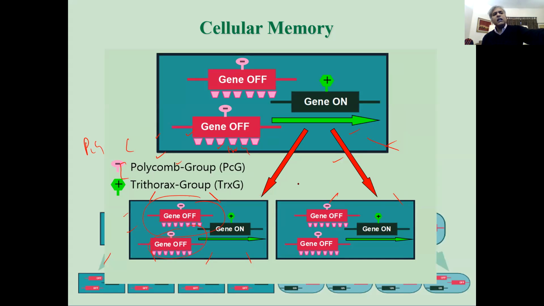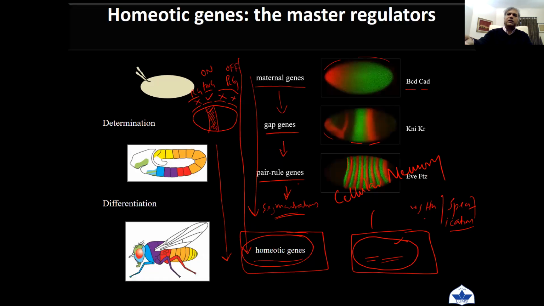So what are the homeotic genes? Homeotic genes are the ones, as I told you, which control the identity of specific segments. Segment identity was established early during development, which kicks off through action of maternal genes, followed by gap genes, pair-rule genes, segmentation genes.